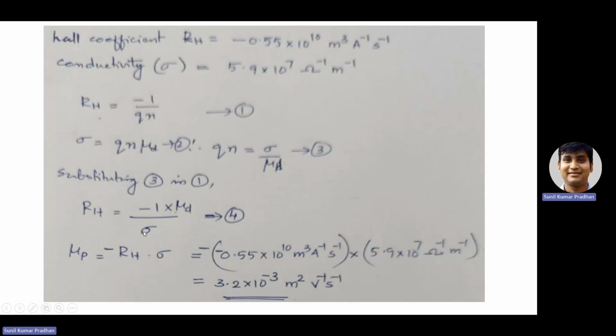The question is asking for the drift mobility, so the drift mobility is minus RH into sigma, where RH is the Hall coefficient and sigma is your conductivity. If you multiply these two, since both are given, we get mobility equal to 3.2 into 10 to the power minus 3 meter square per volt second. So this is the solution of the second question.